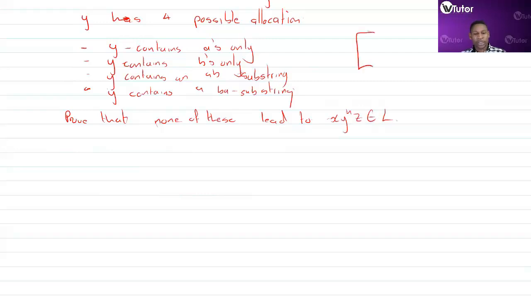The language we are looking at is A to the power of N, B to the power of N. So for us to prove that, we say if Y contains A's only, then all the B's will be part of Z.